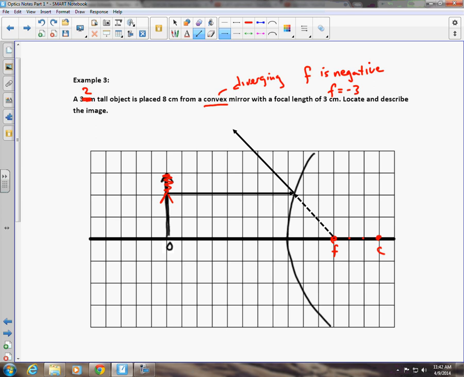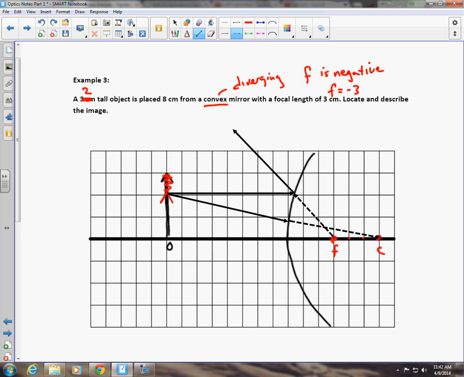Our second one we draw always goes through the center. And so the light starts at the top of the object, goes towards the center. Now it can't get behind the mirror, so for the part behind the mirror, I draw it dotted. So something like that. And where they meet is where we place the image.